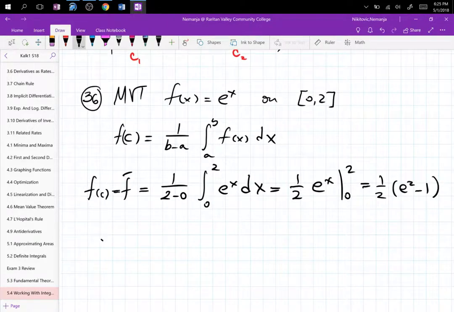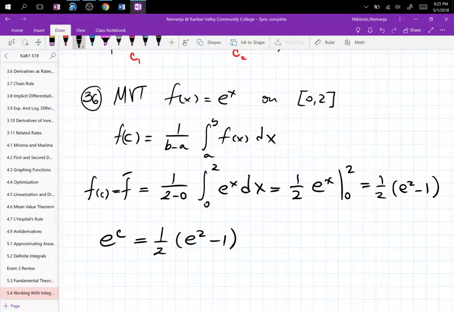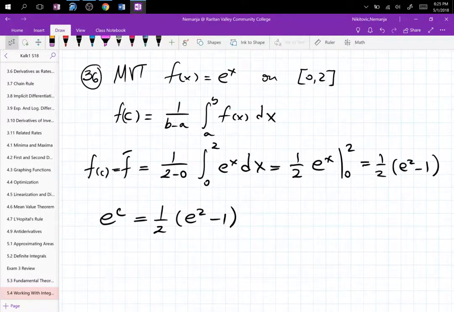So now, e to the c is equal to 1/2 e squared minus 1. And from here, you can compute c.